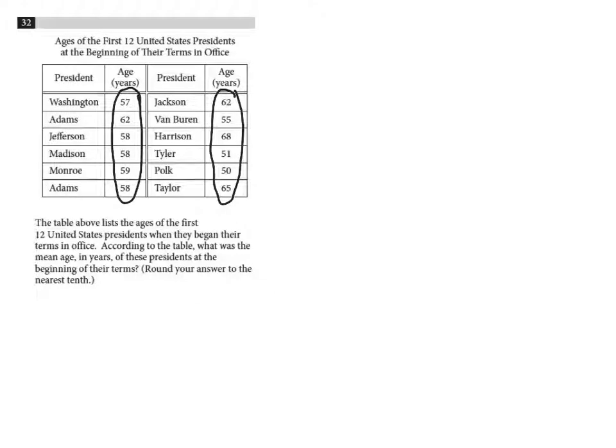So I've got 57 plus 62 plus 58 plus 58 plus 59 plus 58 plus 62 plus 55 plus 68 plus 51 plus 50 plus 65 equals, so the sum of their ages equals 703.